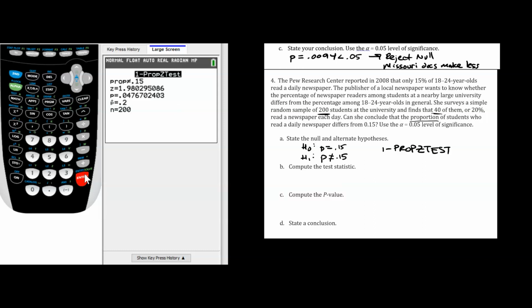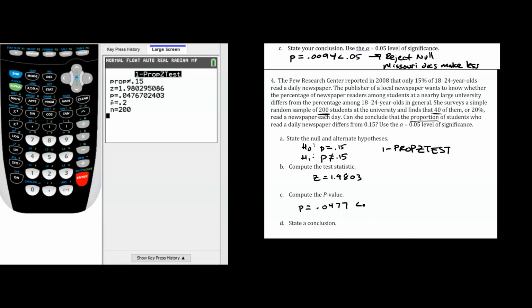And when we calculate here, we get a test statistic of z is equal to 1.9803 to 4 decimal places, and a p-value of 0.0477, which, notice, that is really close to our significance level, but it is a little bit below.